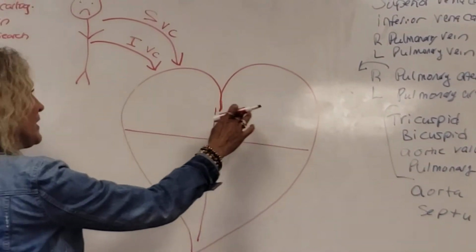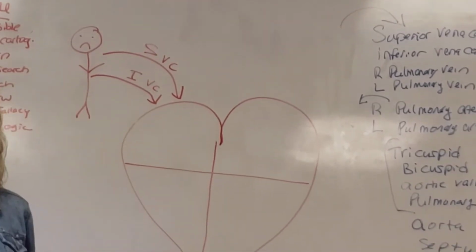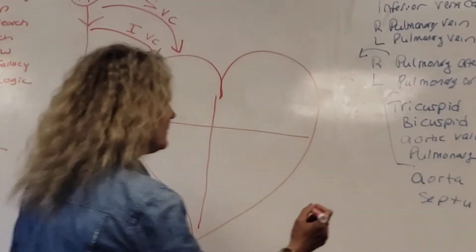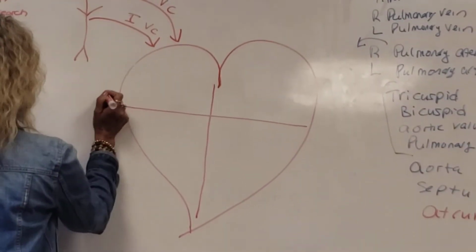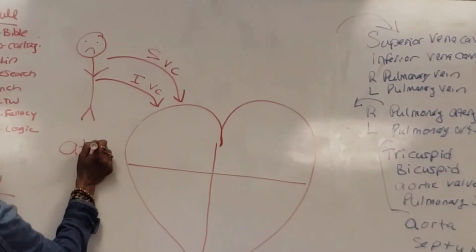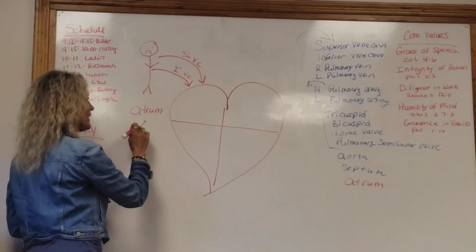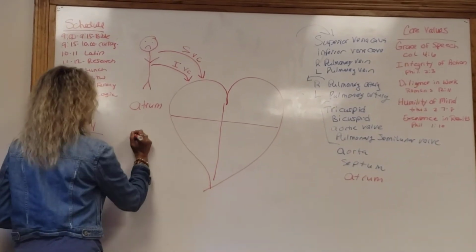The upper chamber is called the what? The atrium. A-T-R-I-U-M. The lower chambers are called the ventricles.